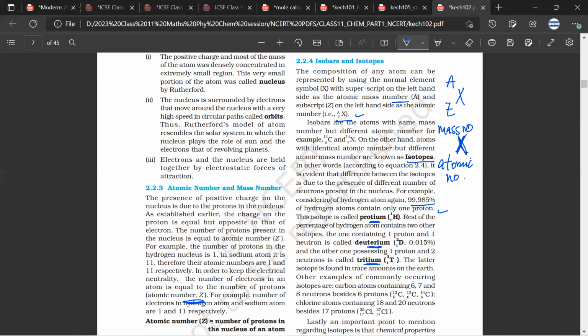So I will write protium as 1 1, deuterium as 2 1, tritium as 3 1. Are we clear about this?